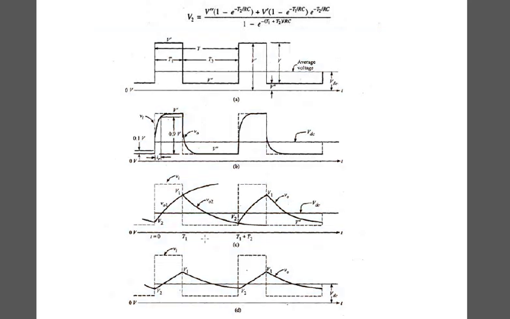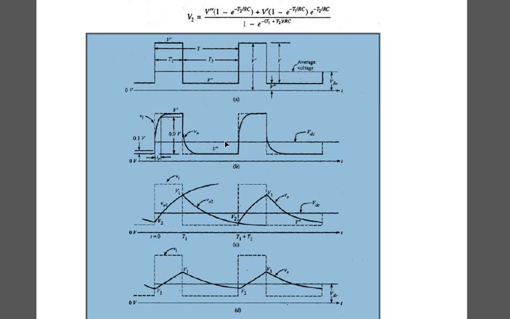And when your RC is greater than T, the output will be rising or falling in exponential sections that are essentially linear. So this is about the figure: whatever input you have given, these are the outputs you get from the low pass RC circuit when a square wave input is given.